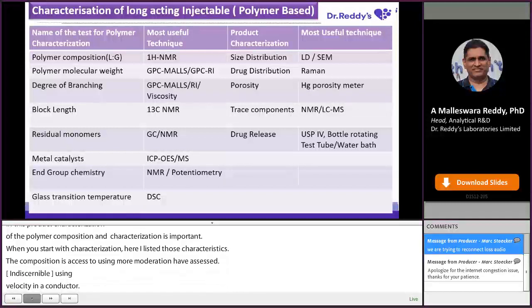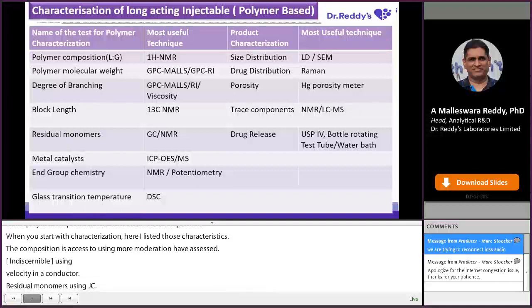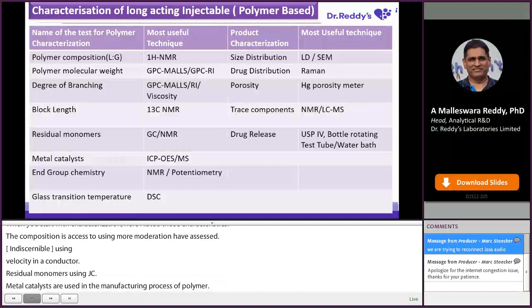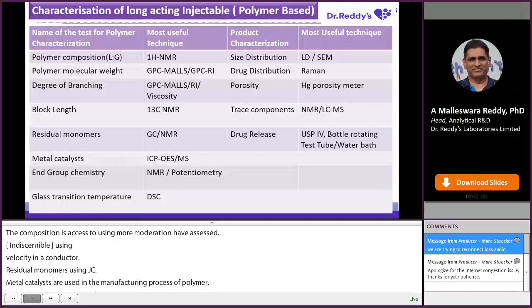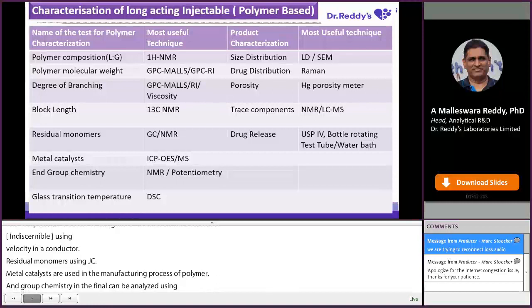Metal catalysts, which are typically used in the manufacturing process of the polymer, and the extent of contamination in the final raw material can be analyzed using ICP-MS. End group chemistry is important for polymers, which can be assessed using NMR or a simple potentiometric technique. Glass transition temperature is analyzed using thermal techniques, which is DSC.